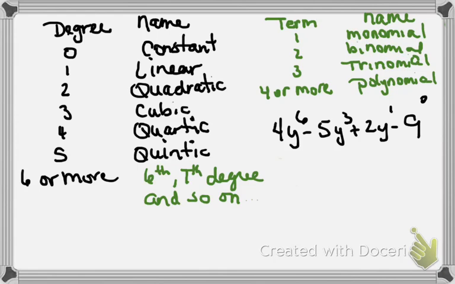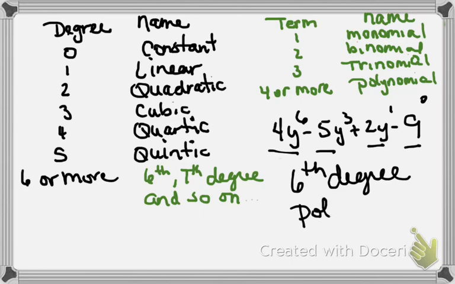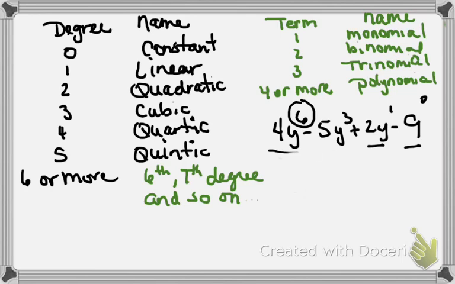My highest degree is a 6. All right, so we know that it's a 6th degree. And how many sections are there? Well, there's 1, 2, 3, 4. So that's a polynomial. So we would say this is a 6th degree polynomial. And that's what we'd call this one. A 6th degree, because it has the 6 as the highest exponent. Or degree, you know, the sum of the exponents. 6 is the highest of each term.